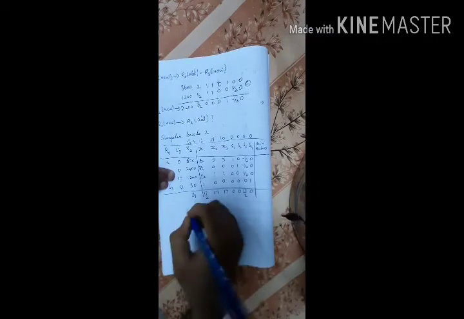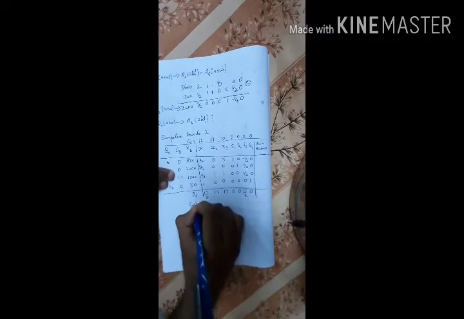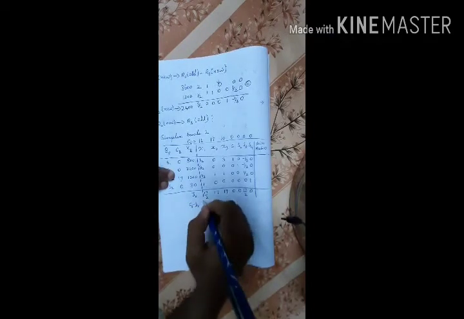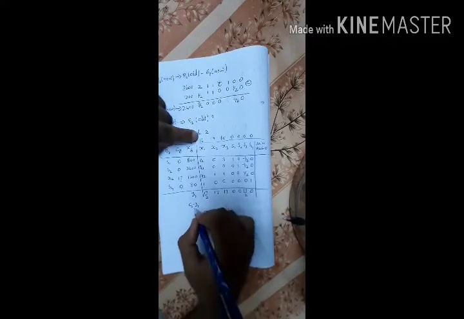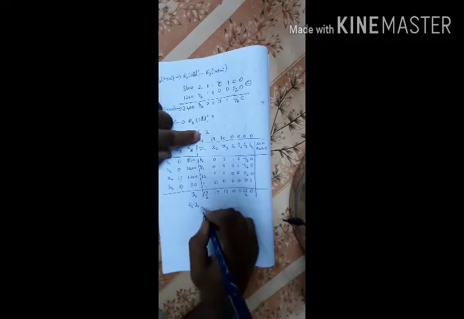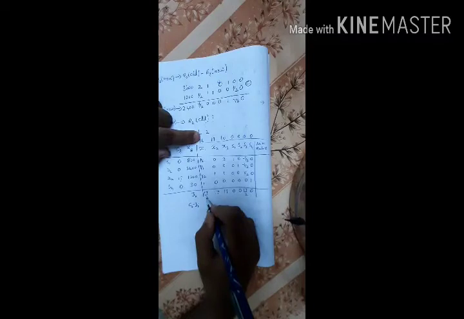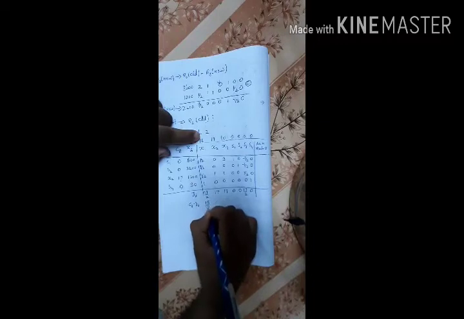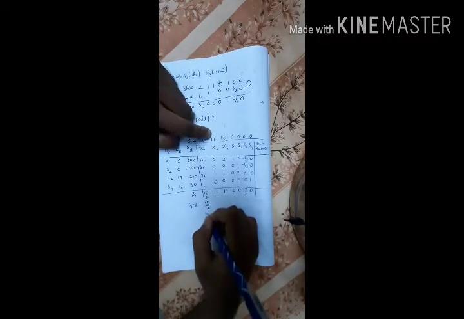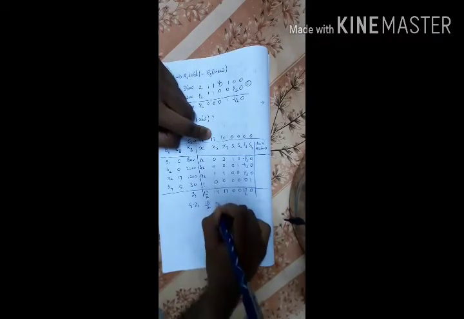Next we calculate the value of Cj minus Zj. So Cj minus Zj is 16 minus 17 by 2, which is 15 by 2. Next, 17 minus 17 is 0.